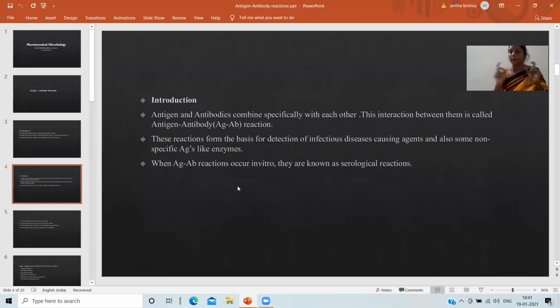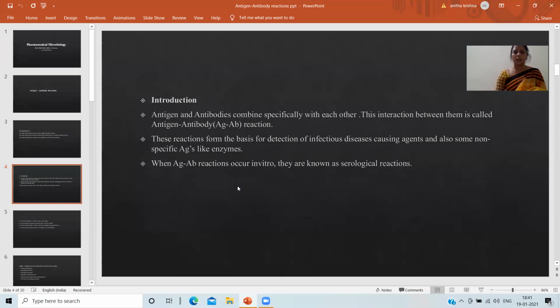If they are complementary, then the antibody will come and bind with the epitope of the antigen, and this binding will be done by various non-covalent forces like hydrogen bonds, van der Waals forces, hydrophobic forces, and different electrostatic bonds.